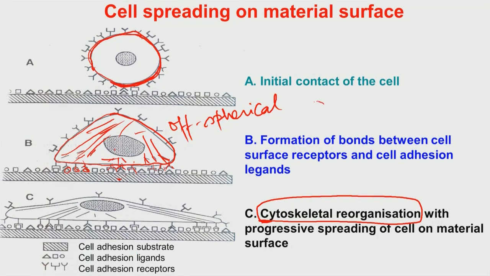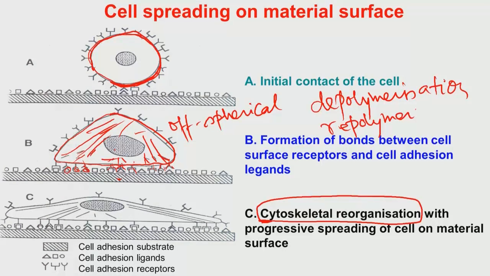Depolymerization means that actin filament is forming a lot of monomers, and then repolymerization means these monomers get assembled together to form actin filaments again.